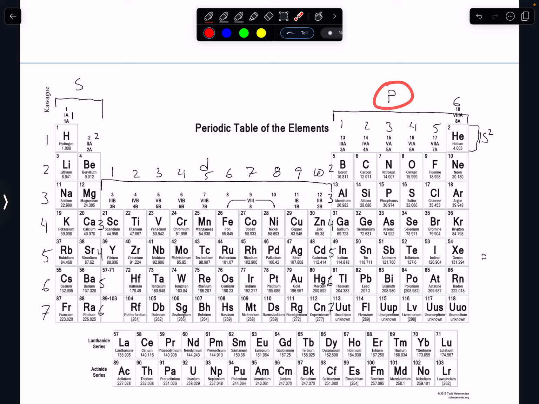And for p, there's 1, 2, 3, 4, 5, 6. So divide that by 2, that's your 3 orbitals in the p subshell. So s equals 1 orbital, p is 3 orbitals, d is, not 10, 5 orbitals.